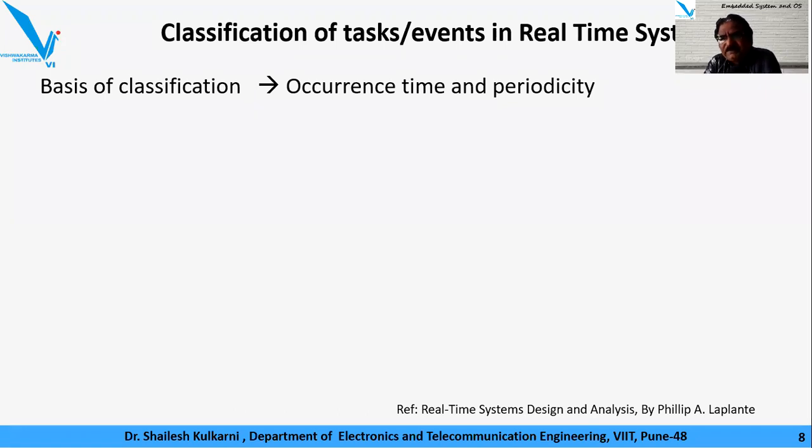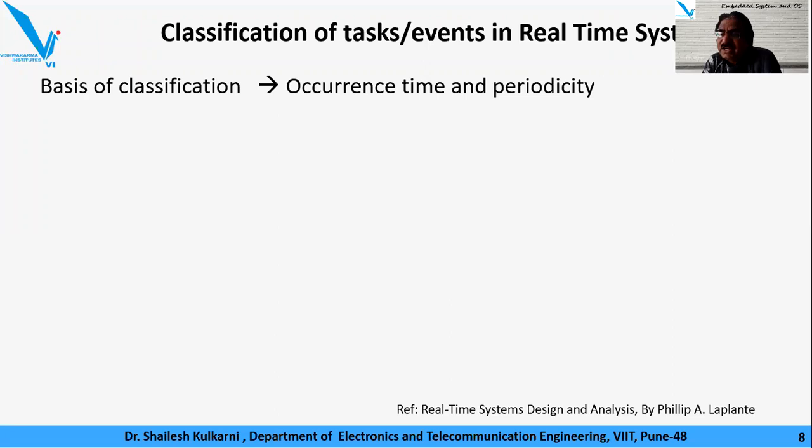When I say an application-specific system is an embedded system, and it is executed within stringent timings, it becomes a real-time system. We also understood that most of the events are external events, though internal events can also change the flow of execution.